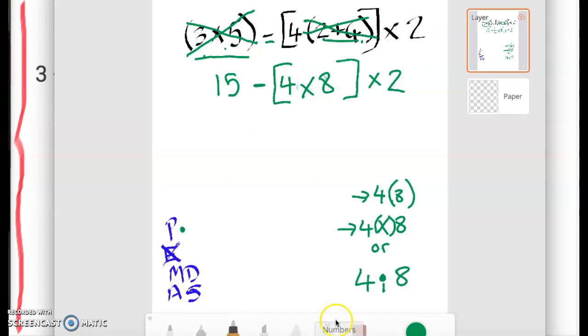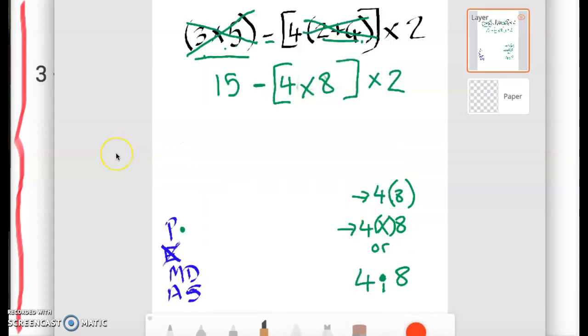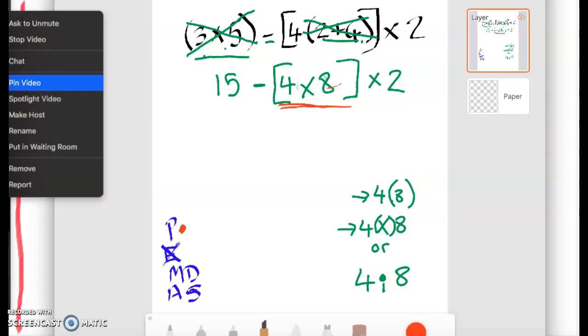Next step, again, I'm going to change my color, and starting from the beginning again, I need to look at what to do. My first step is parentheses again. Well, I have brackets right here that I have to solve, which is the same as parentheses, grouping. So 4 times 8. I know 2 times 8 is 16, and if I double 16, I'm going to get 32.